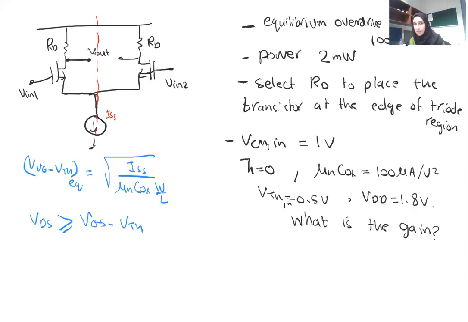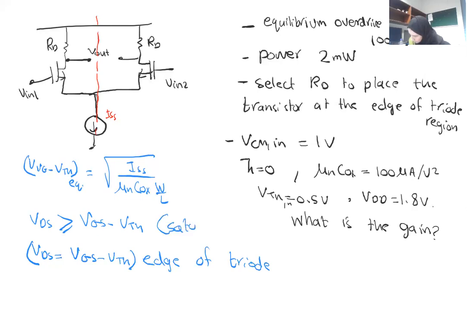So when we are saying that it's at the edge of the triode region, it means that VDS equals VGS minus V threshold. It means if we reduce VDS a little bit, then we are leaving the saturation region and going into the triode region. Is that clear? Yes, ma'am, thank you, ma'am. Okay, this is for the saturation. So let's keep these things in mind. Edge of triode means that our VDS is equal to VGS minus V threshold.